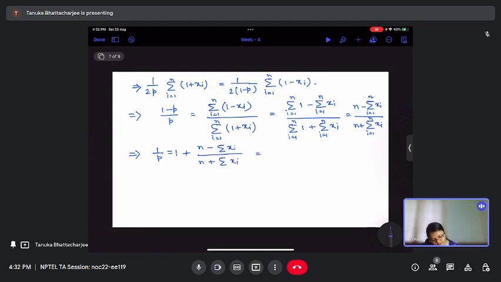Now if we simplify this, we have the same summation terms with plus sign and minus sign, summation over xi, i equal to 1 to n. So these two terms cancel out.